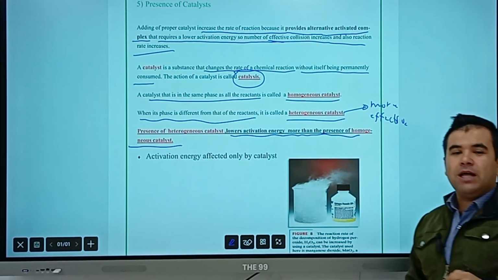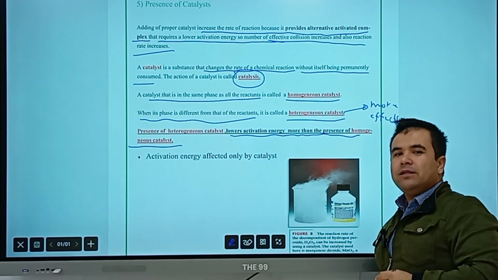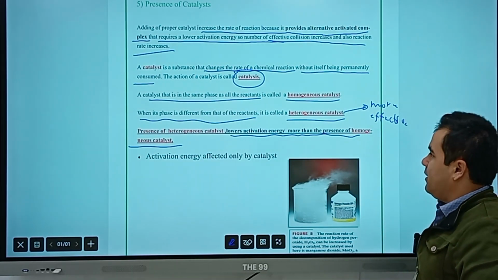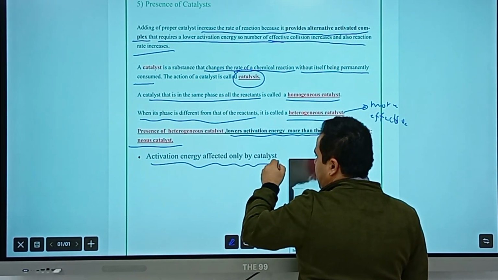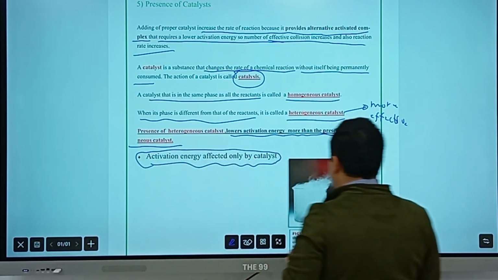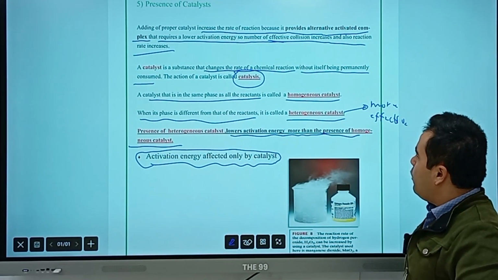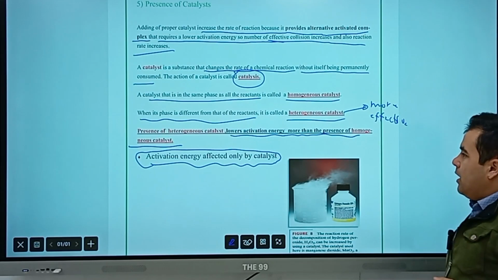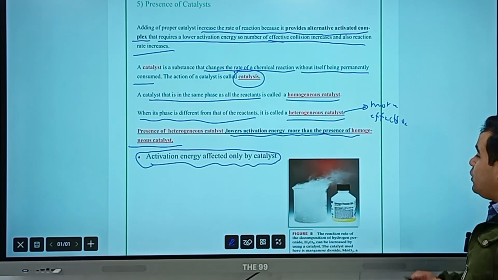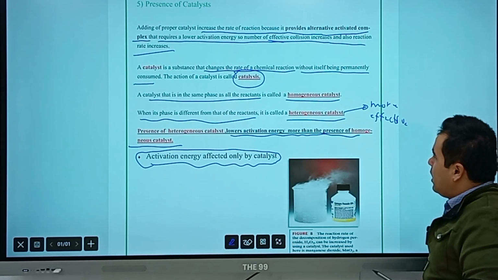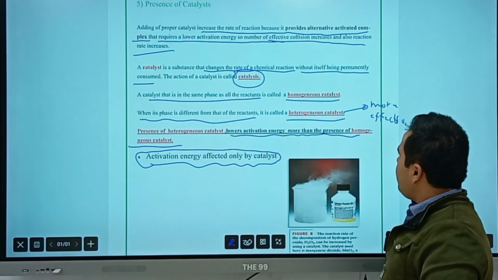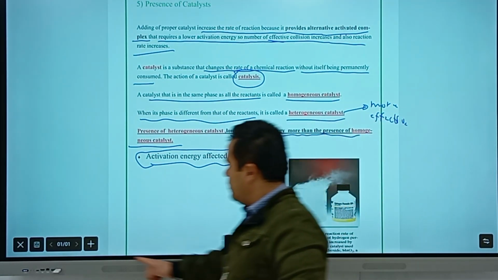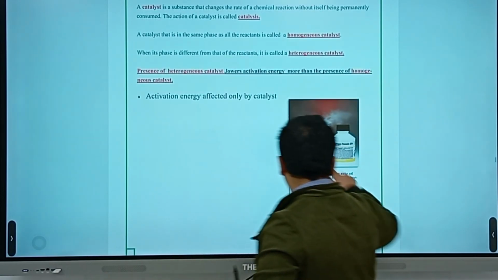This statement tells us that the heterogeneous catalyst is much more effective. Activation energy, EA, is affected only by the catalyst, when the catalyst reduces the activation energy, and we'll be talking about it graphically on the coming page.